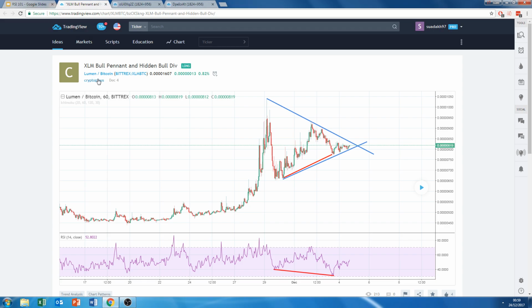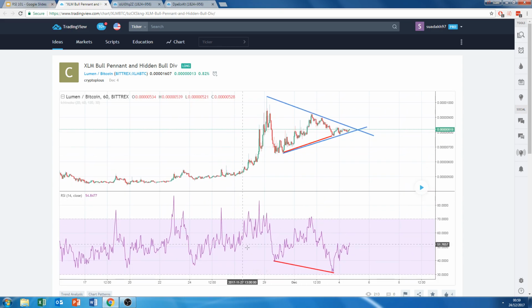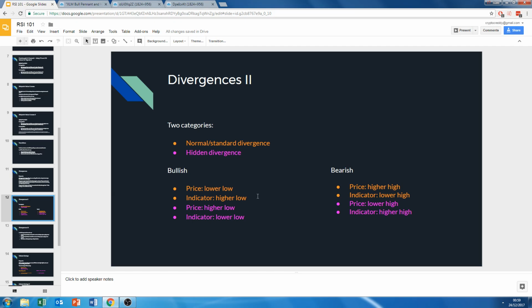Now, shout out to Cryptopius. He's in my Telegram group, which is free but closed at the moment. And he posted, after I messaged the group about the importance of divergences, he posted this saying, "Is this a hidden bullish divergence?" Well, let's check. Price has to make a higher low.